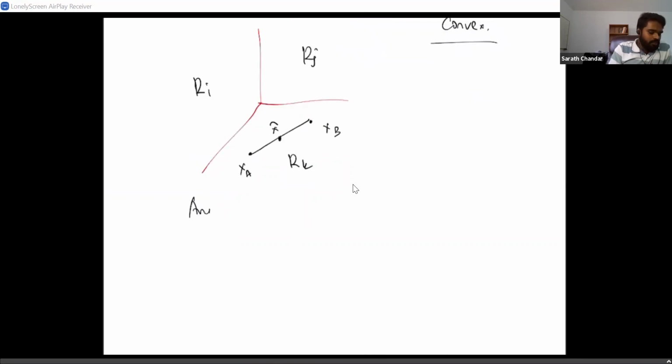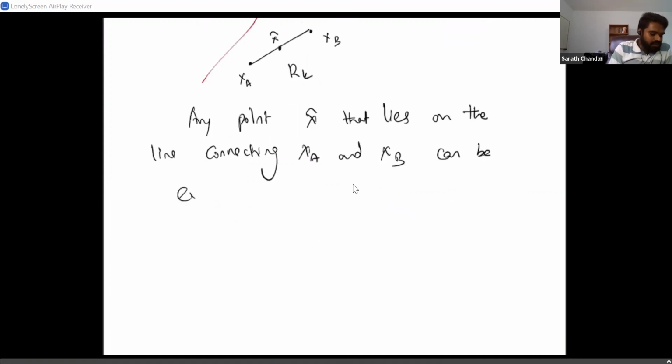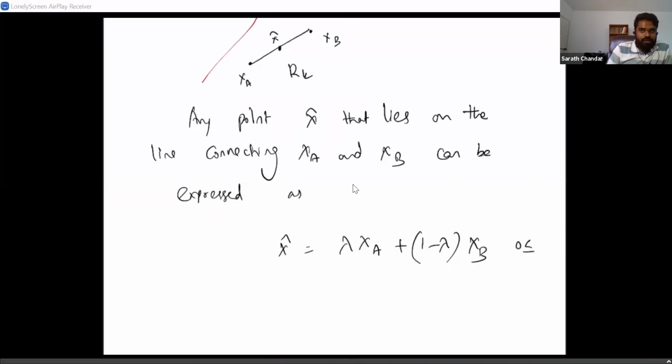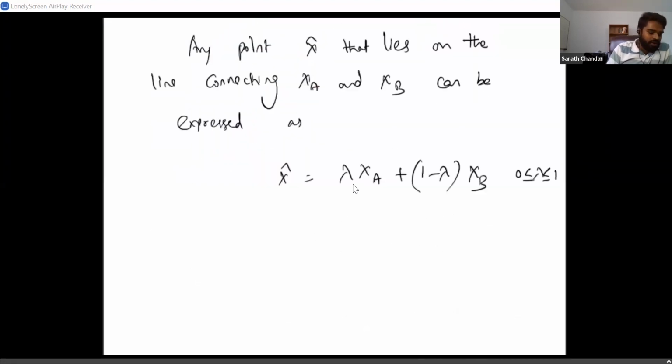Any point x hat that lies on the line connecting xa and xb we can express as x hat equals lambda times xa plus 1 minus lambda times xb, for lambda between 0 and 1. So x hat is some combination of xa and xb.